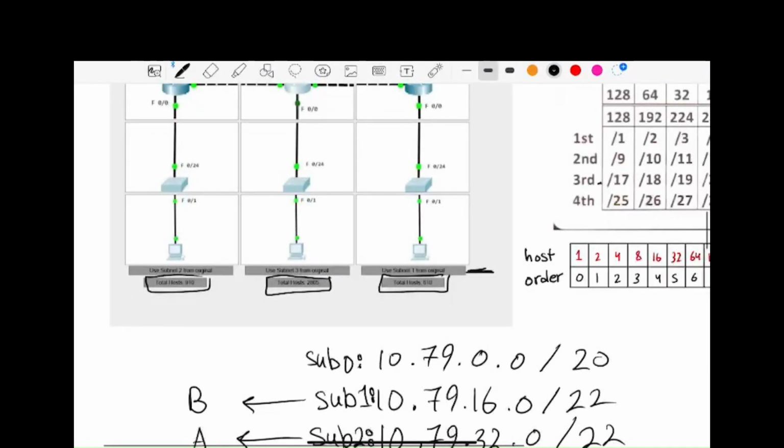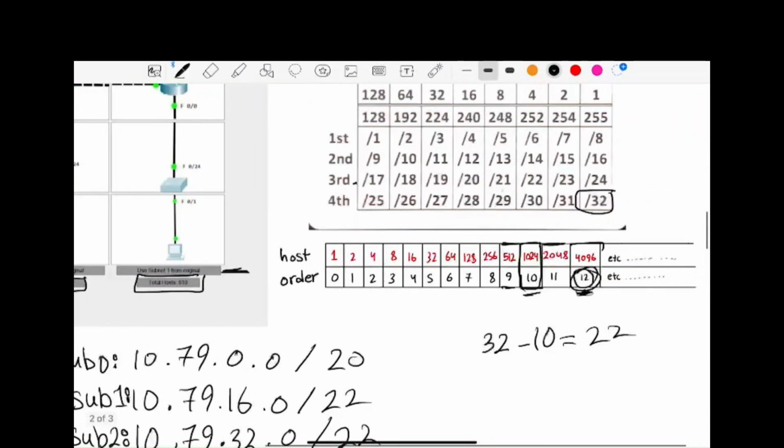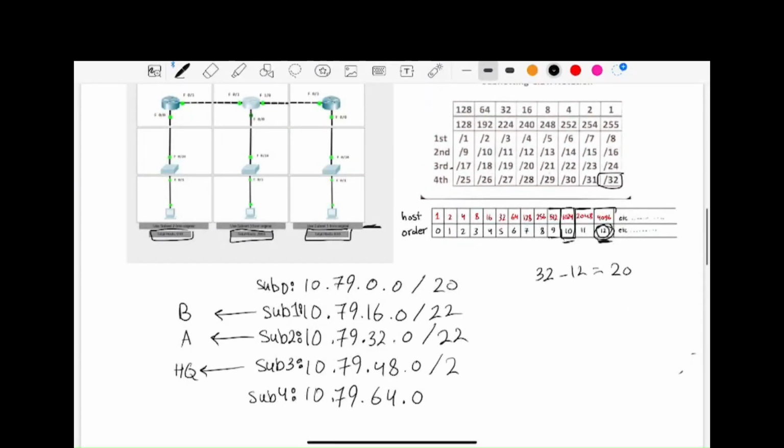HQ, we did that earlier, but let's do it again. It wants 2,805 hosts. That will be here. So now we will take this IP, this IP, and this IP.